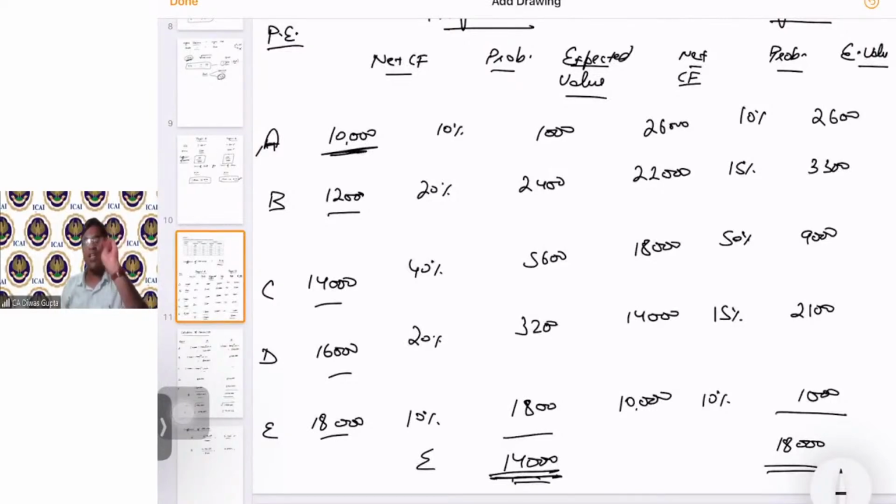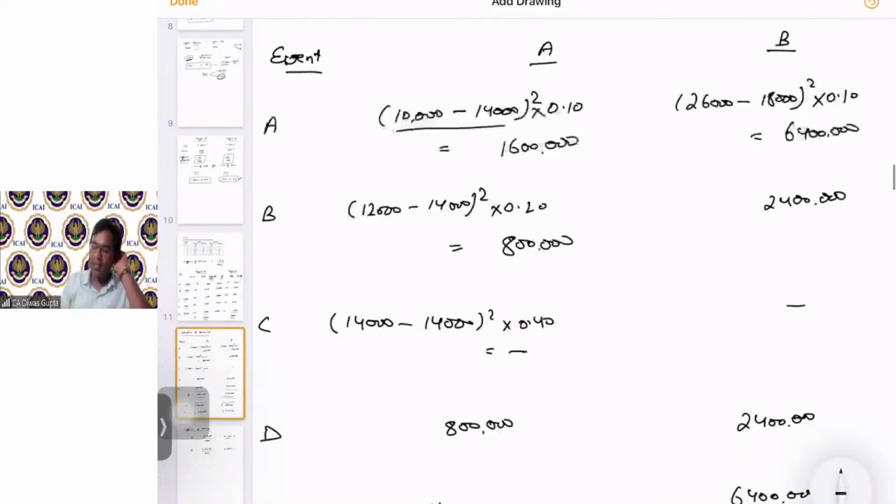So there is a deviation of 4,000, right? At least for possible event A. Similarly, for possible event B, 12,000 minus 14,000, which is a deviation of 2,000. That's why we are subtracting for different possible events: the different values minus the mean, squared and multiplied by probability.